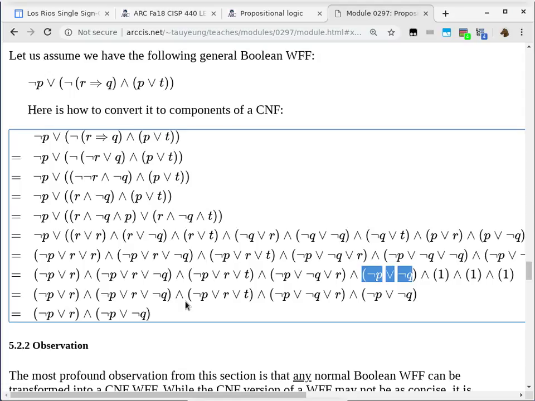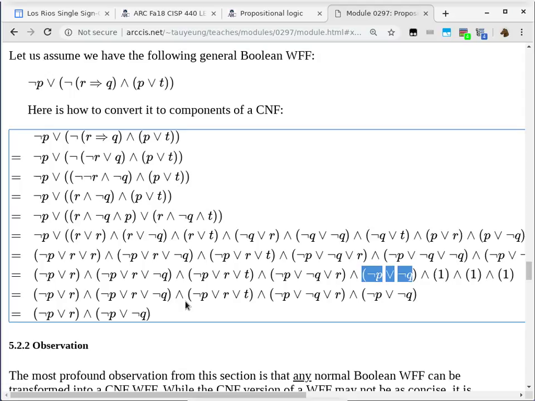Does it meet the requirement that it has to be a disjunction and each term of the disjunction is either a variable or the negation of a variable? Yep. What about this one? Yep, it meets that rule too. So we have just converted something that is somewhat random and involves all kinds of nesting and implication and conjunction to a conjunctive normal form, or a CNF.